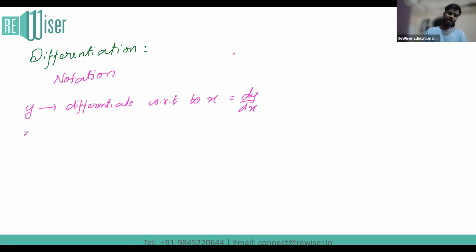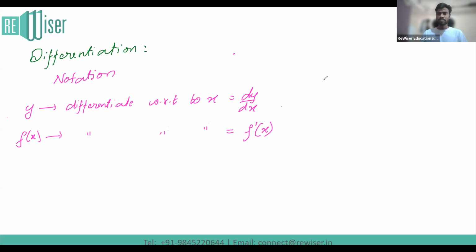And whenever we have f of x and we differentiate it with respect to x, it's going to be f dash of x. These are the notations. Now, in order to solve differentiation, there are a couple of rules that you should be aware of.